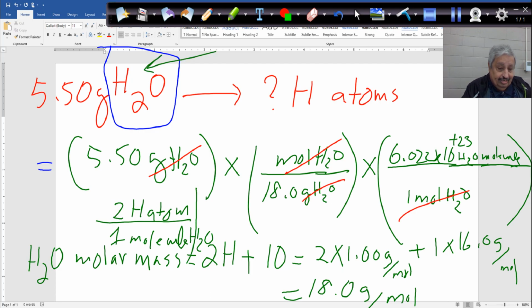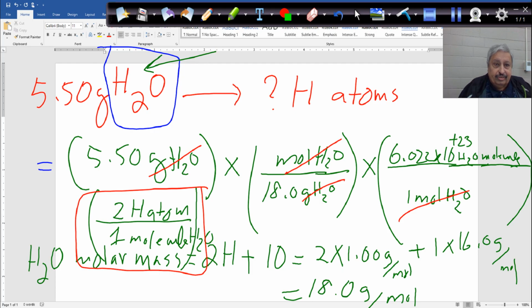This is the new step you have to add, so this has to be multiplied. I have the units out, molecule H2O, and I have the units I want, which is hydrogen atoms. Now I take this one, divide it by 18, multiply it by this value, and multiply it by 2.